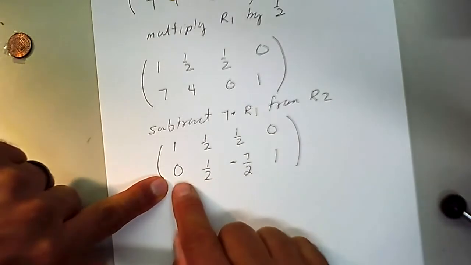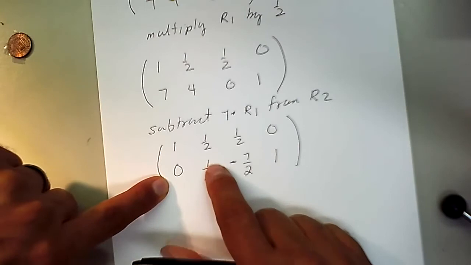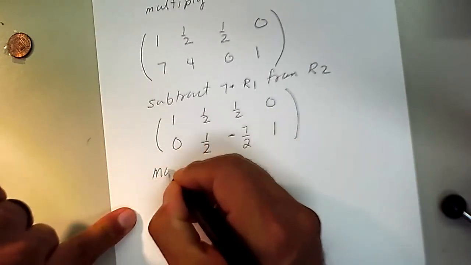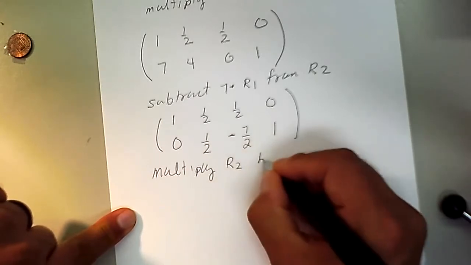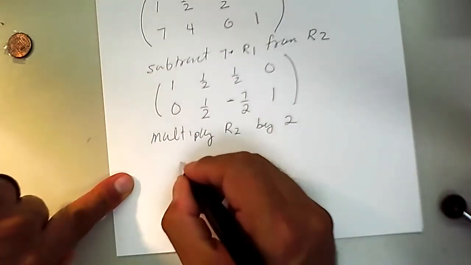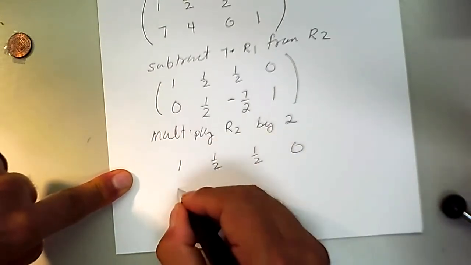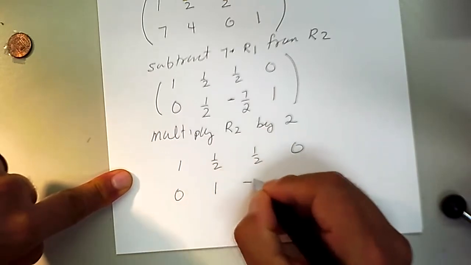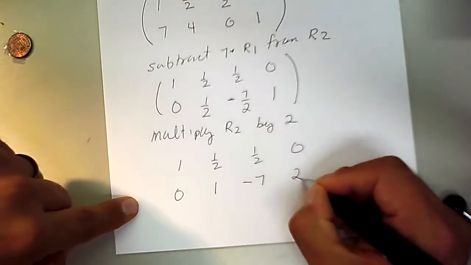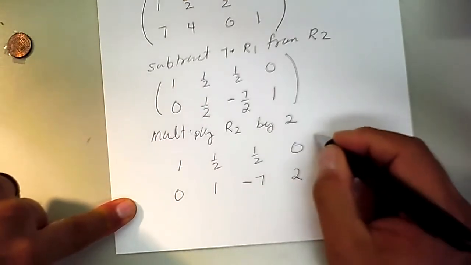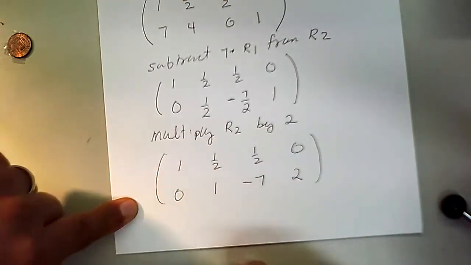We can multiply this row by 2 to get a 1 here. Multiply row 2 by 2. So we have 1, 1/2, 1/2, 0, 0, 1, negative 7, 2. And now we want to have a 0 there.